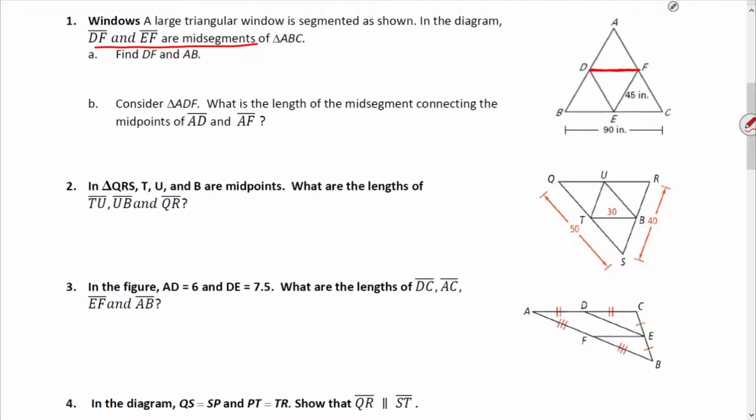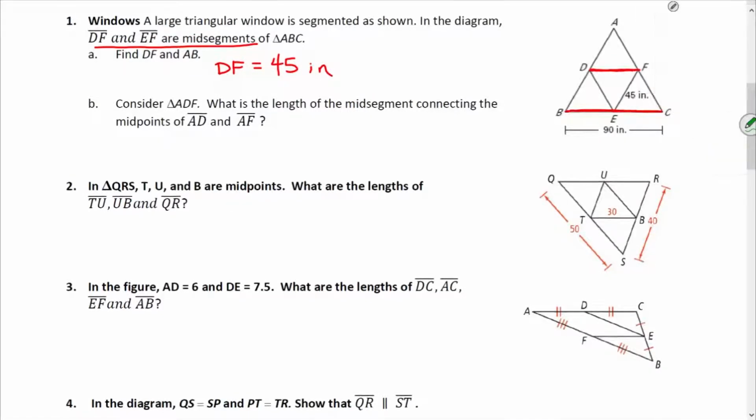So I can use the properties from the midsegment theorem that it's parallel to this side and half the length of BC. What is half of 90? It's 45. So the length DF is 45 inches. If they give you units, then you give your answers back in units.